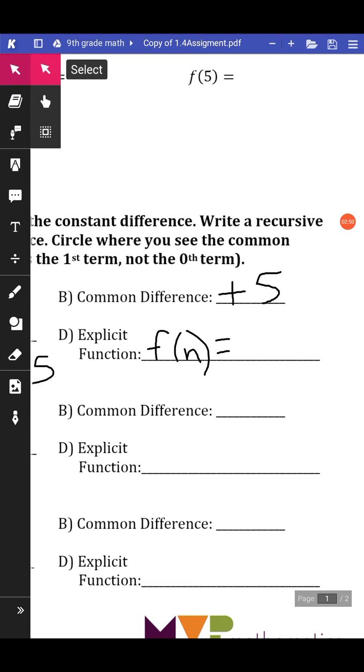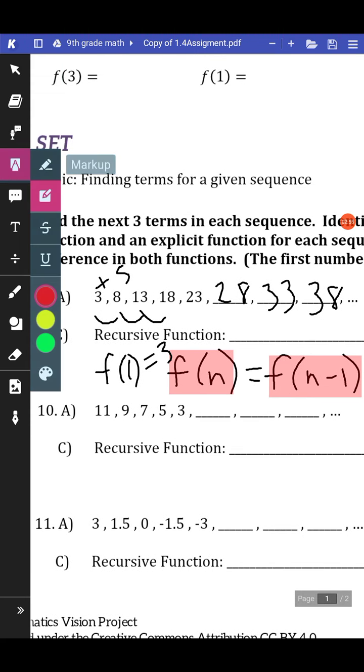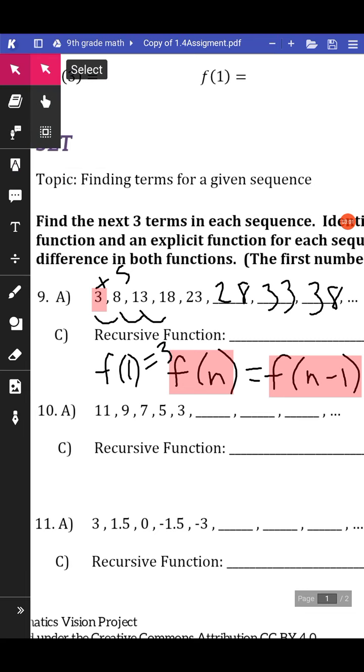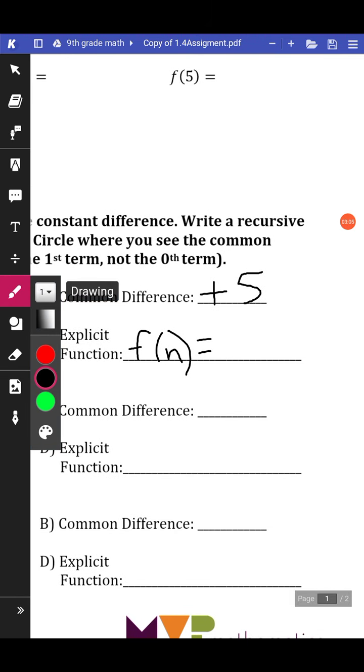If you go back over here, we can see that we started at 3. So we want to use that 3 in our explicit function and say, I started at 3, but then I'm adding 5 every time.